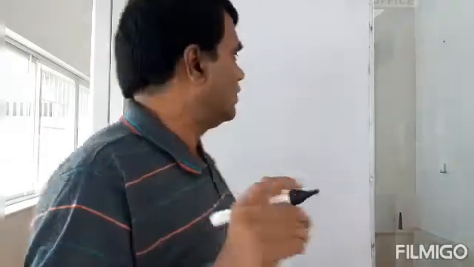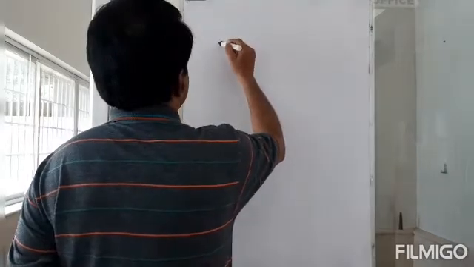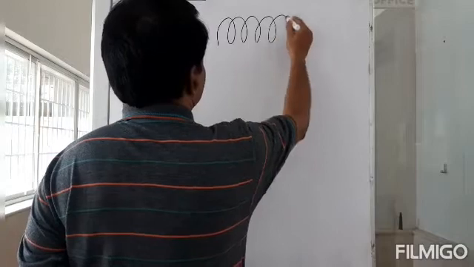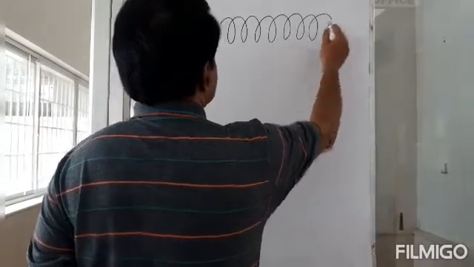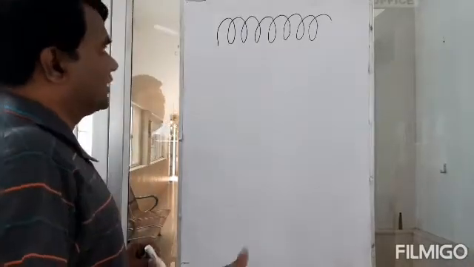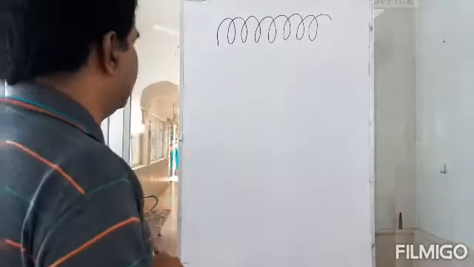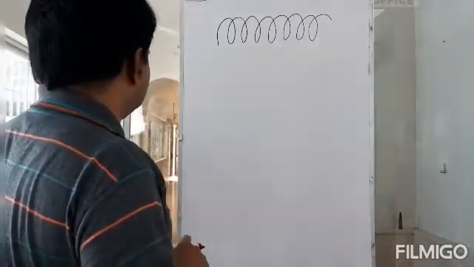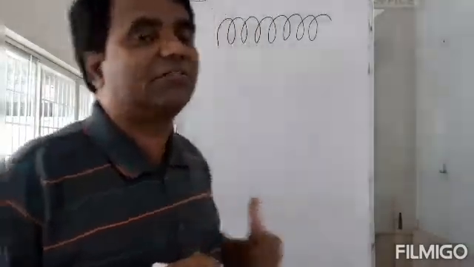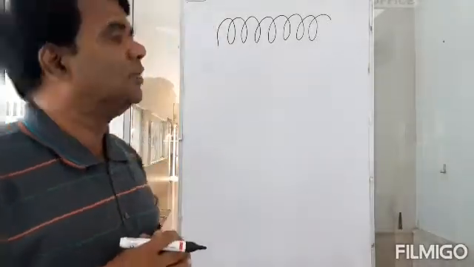Okay? So let me talk about the solenoid here. The solenoid is this kind of a structure, right? It's like this. So this is the solenoid. It's a spring-like structure. If current flows through it, then the field will be set up, right? The field will be set up as the current flows through this. I can find the direction using the right hand rule.